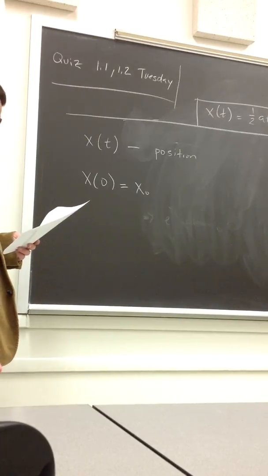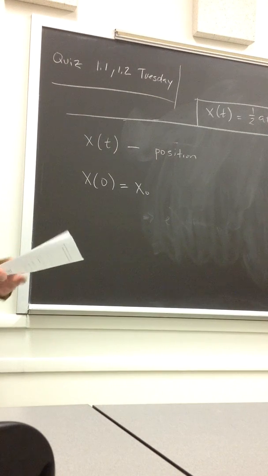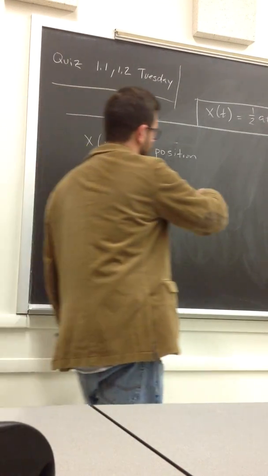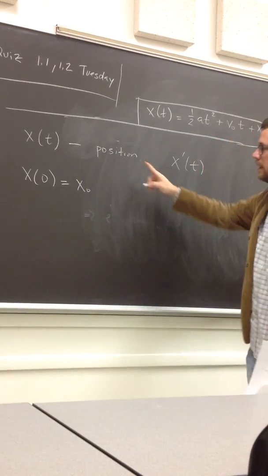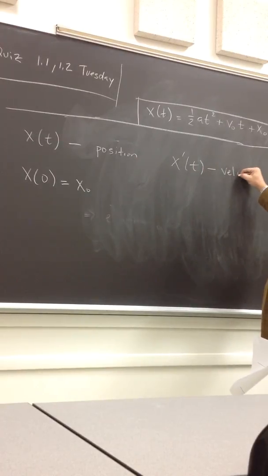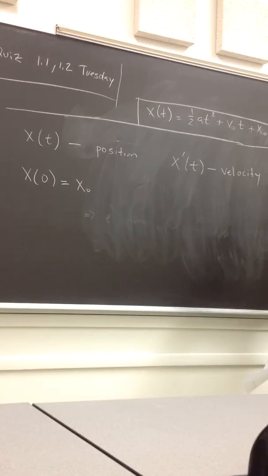What about the velocity v sub 0? When t is equal to 0, the velocity is v sub 0. So if this represents position, I guess if you want to be technical, displacement, then this is velocity, right?